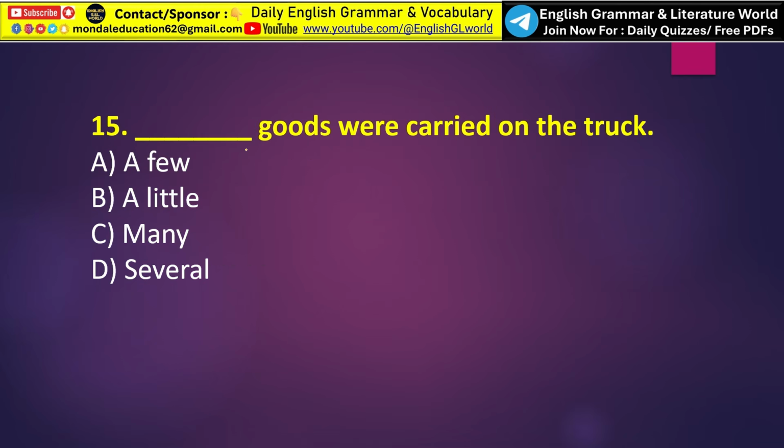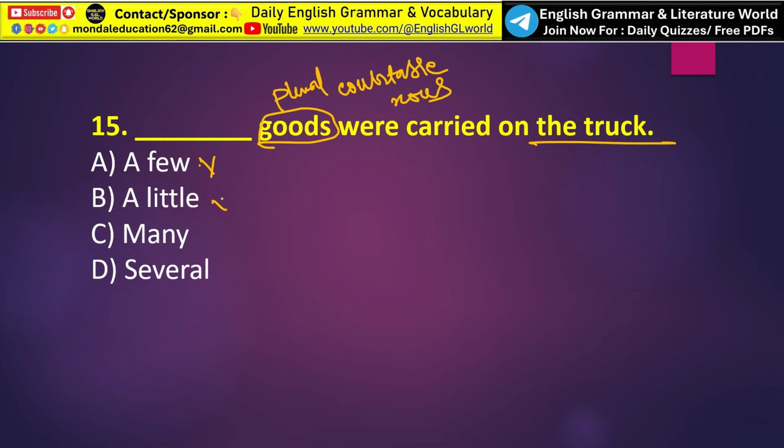Okay, next, dash goods were carried on the truck. Now here goods is a plural countable noun. A few, a little and many, these are totally inappropriate. Okay, only the correct answer is option D, that is several.